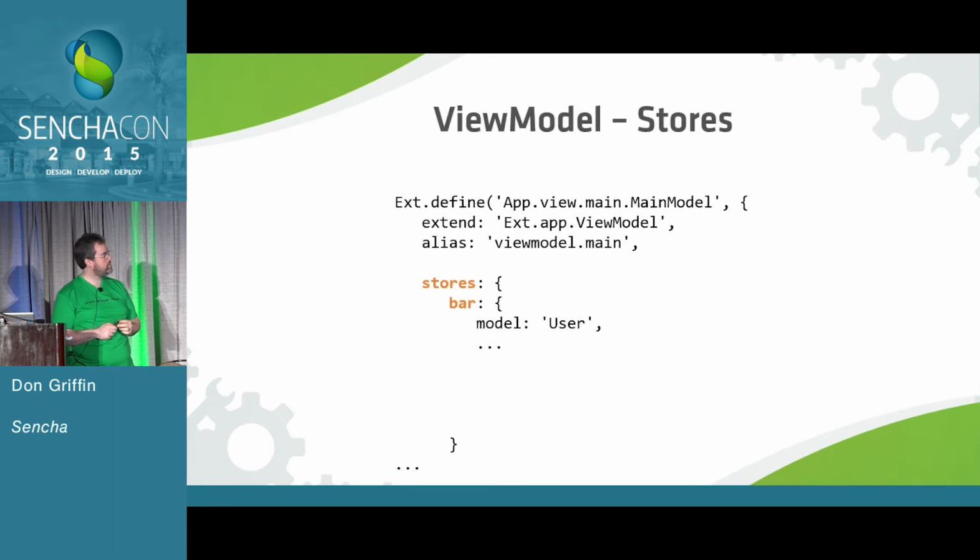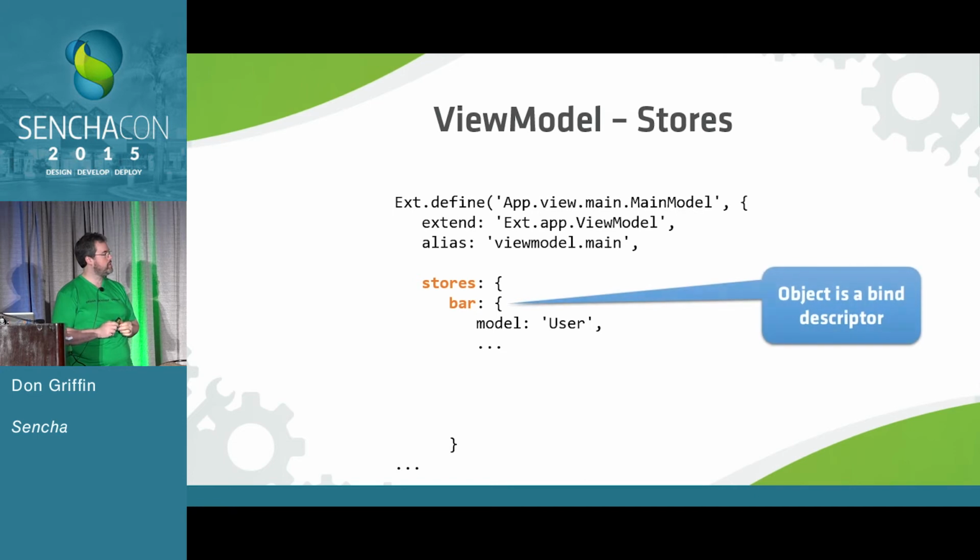All right, stores. This is one of the other most popular things to want to populate into the view model, making stores available for grids, for lists, combo boxes, whatnot. So we specifically understand how to process a stores config on view models. You simply name it, and the value of this is the bind descriptor.